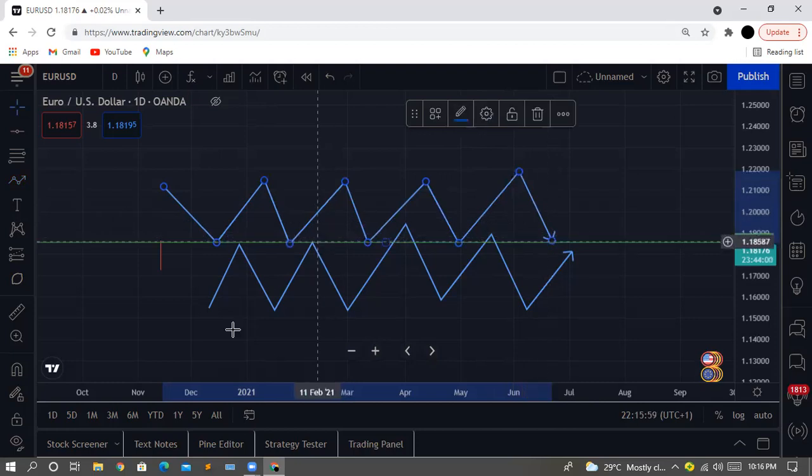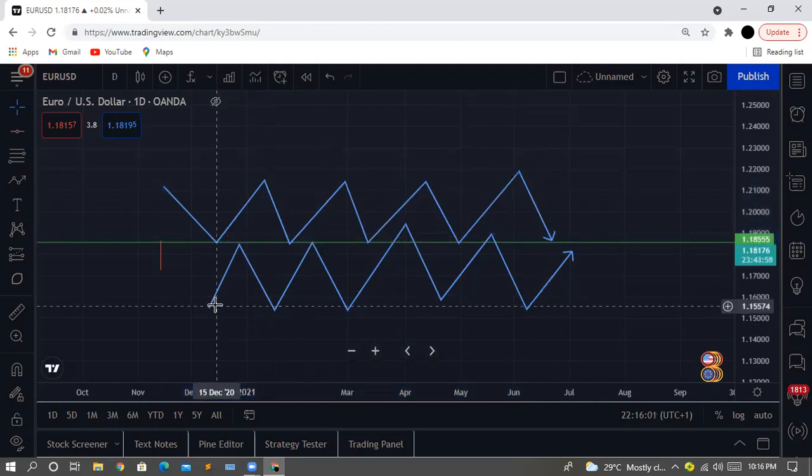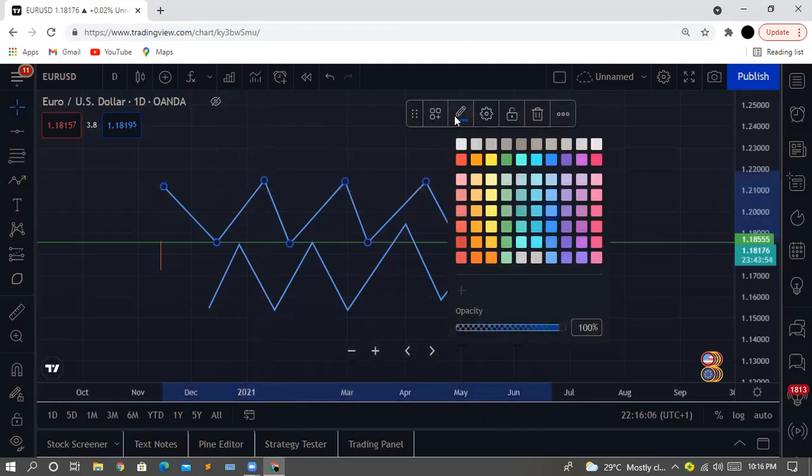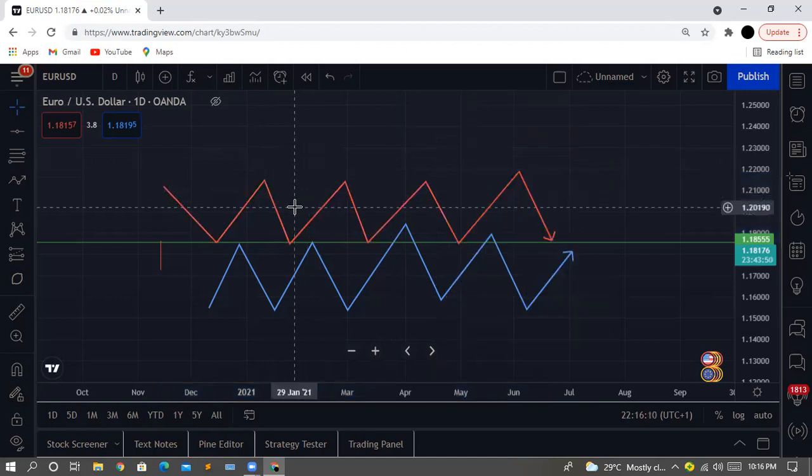So in this case, you're not just looking at the line. Let me change the color of this. For the red, this part serves as a resistance.